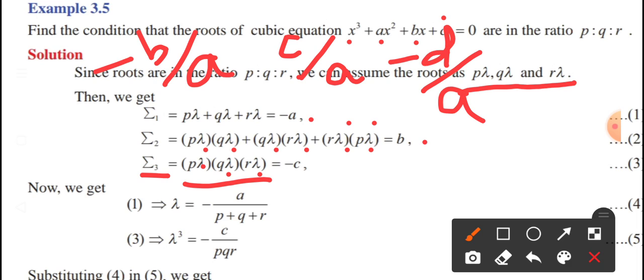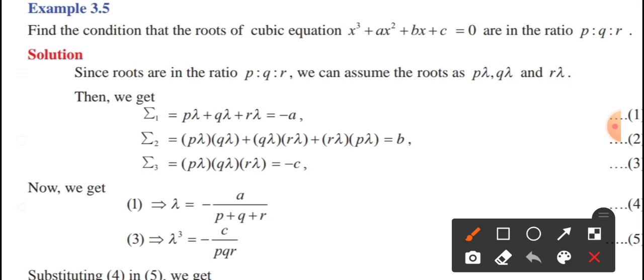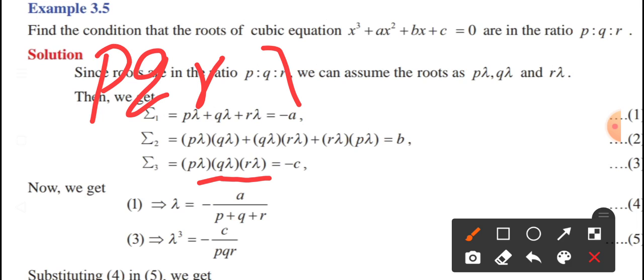Here d is equal to c and a is equal to 1, so the answer is minus c. Now from sigma 3, we get pqr into lambda cube, and this is equal to minus c.